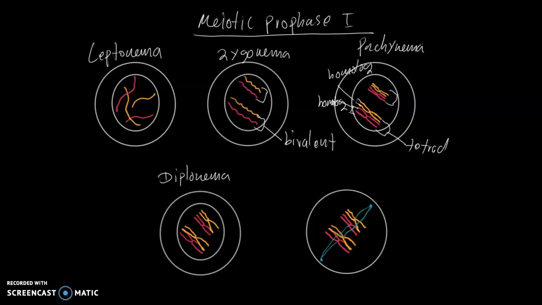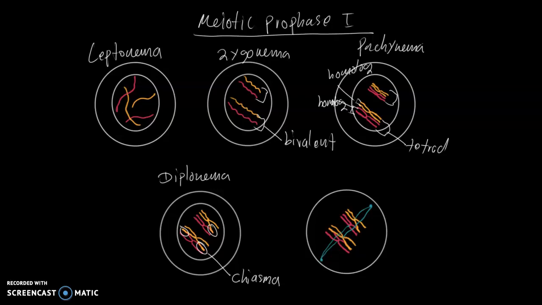The sister chromatids separate at what we call the chiasma. So the chiasma is here, the place where the non-sister chromatids remain intertwined.